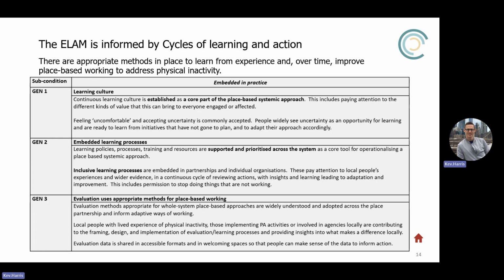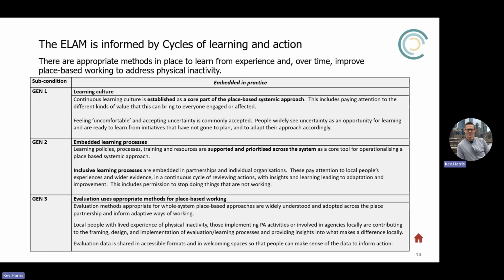And the very fact that learning, as we know, isn't a product, it's not something that just happens, it's something that develops over time. Connected with that is the idea that evaluation and learning is an appropriate way to facilitate learning in itself, but also how and in what ways places are using evaluative approaches to test and explore the work that they're involved in around place-based working.